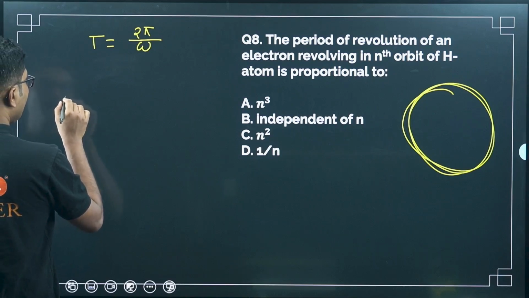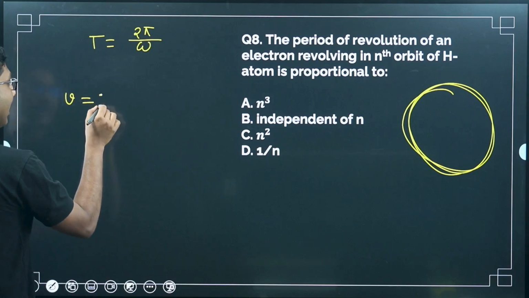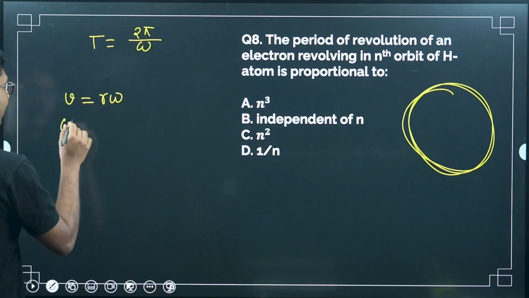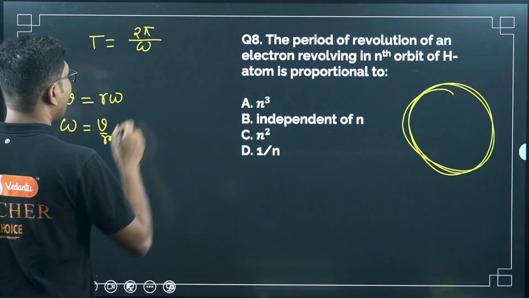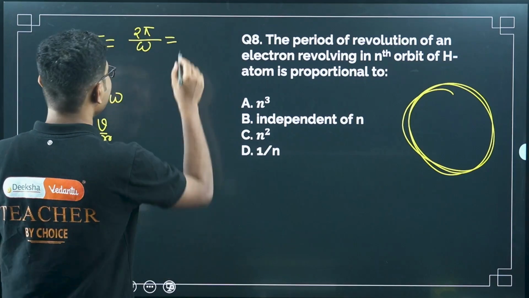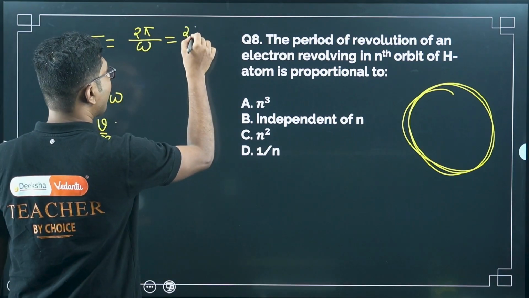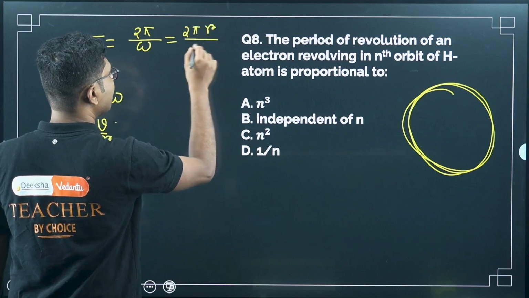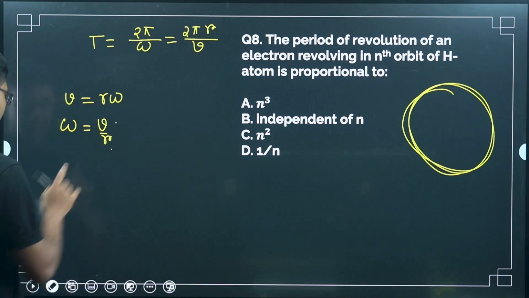Again v, the linear velocity, is r omega. So omega is v by r, right? So 1 by omega will be 2 pi r by v. Now we know that n is the quantum number, right?